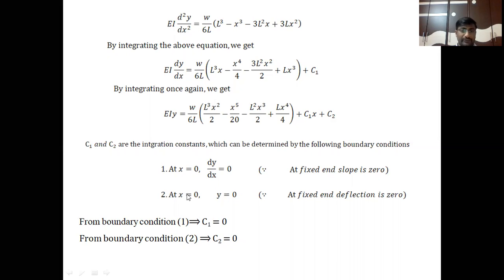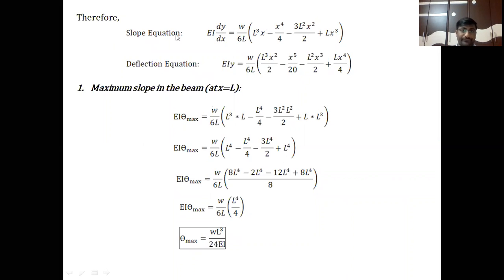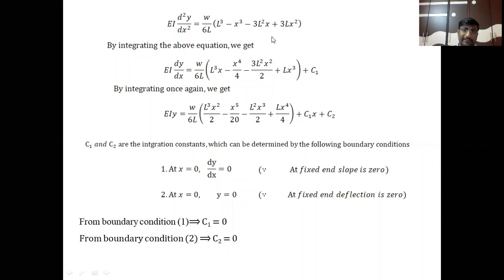Okay, students. So upon substitution of both the boundary conditions, we will get the constants of integration. By eliminating the constants of integration, we will get the final slope equation and deflection equation. By substitution of c1, c2 values 0, we will get these two final slope and deflection equations. Final slope equation, I rewrote this equation without c1.